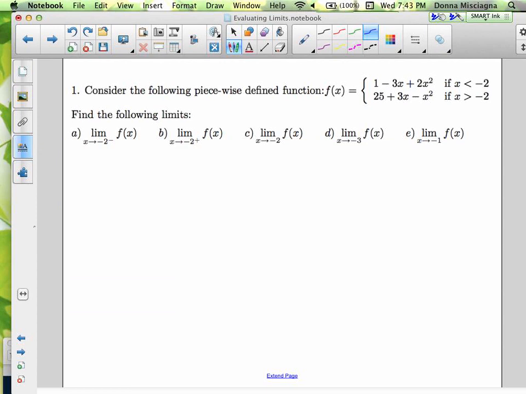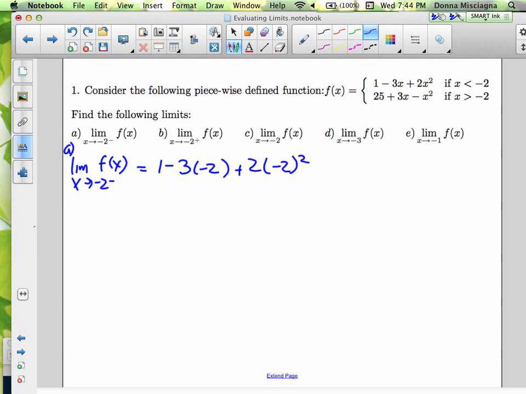So A, the limit as x approaches negative 2 from the left, which is just f of x, is going to be 1 minus 3 times negative 2 plus 2 times negative 2 squared.